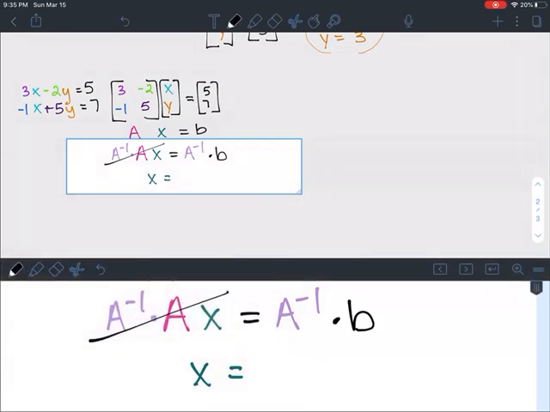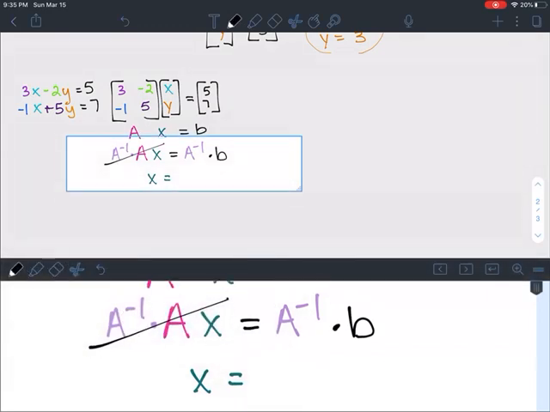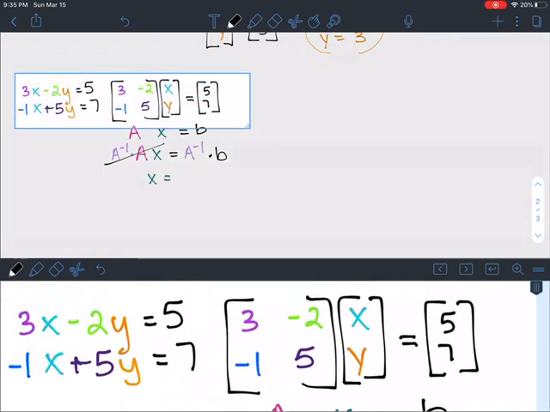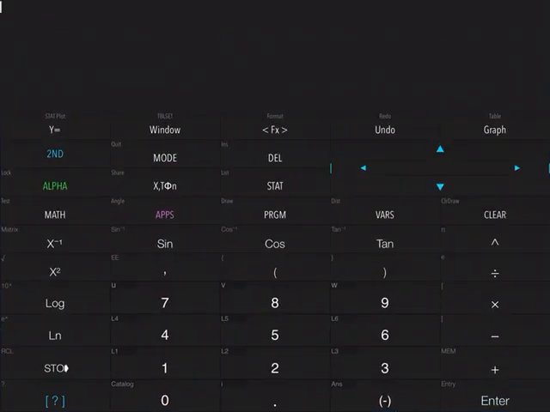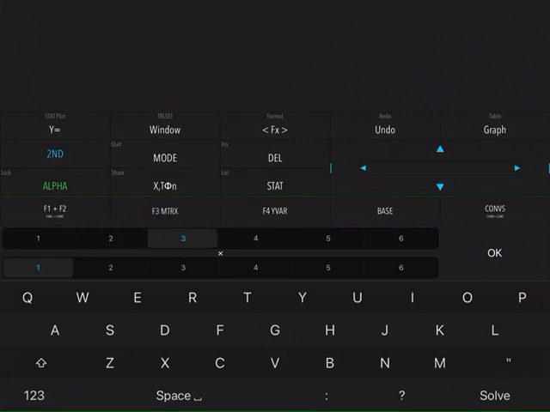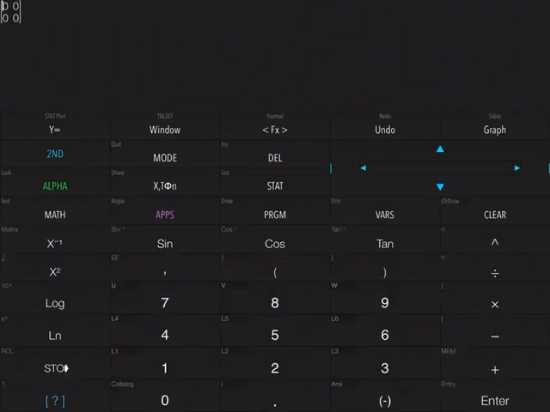On the right side, I need to plug this into my calculator and figure out what it equals. So go back to the calculator app here. My first matrix, it's a 2x2. I'm going to plug in my numbers, which are 3, negative 2, negative 1, and 5.